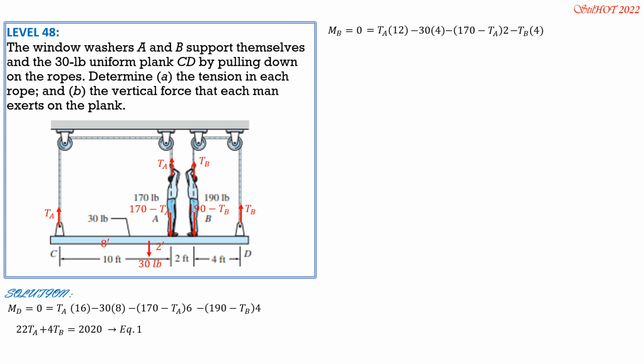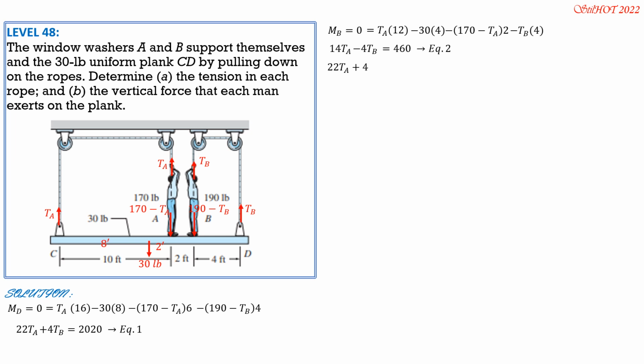So simplifying again, 12 T_A, then negative 2 T_A, so that's 14 T_A, then minus 4 T_B, sorry, 16 minus 4 T_B, then equals 30 times 4 plus 170 times 2, that is 460.